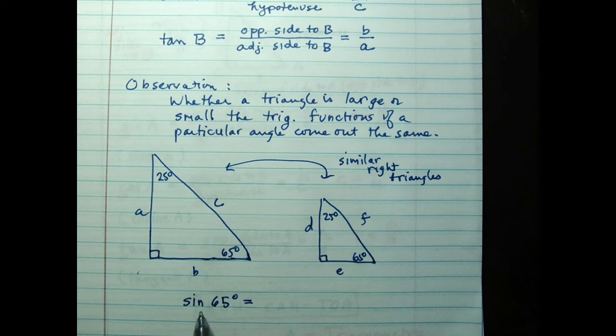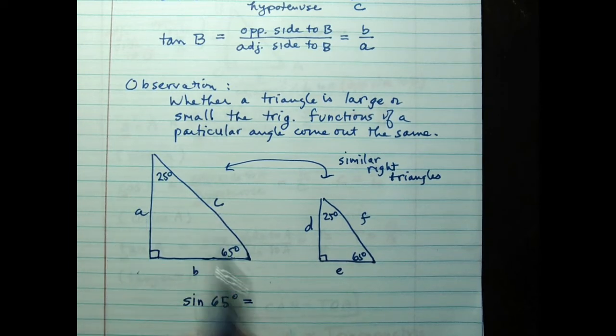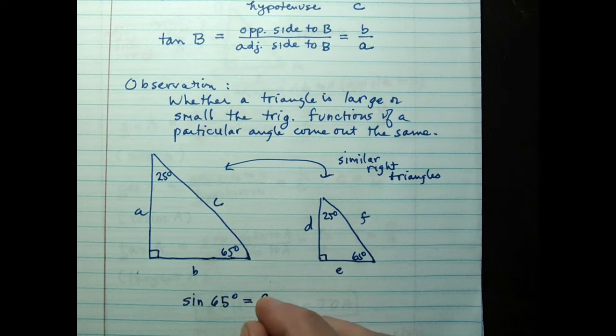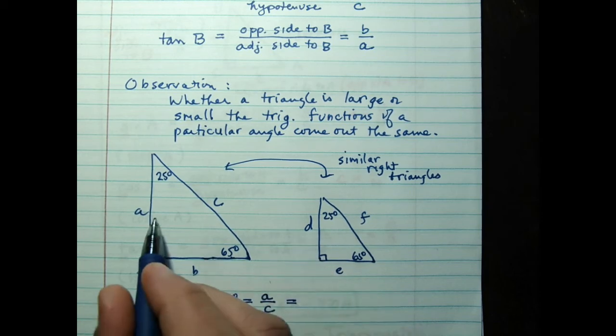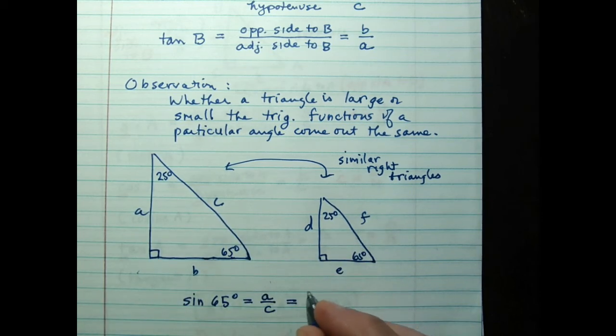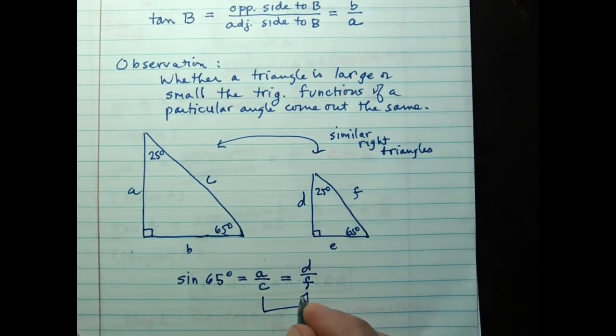Now, Sohcahtoa, sine is opposite over hypotenuse. So for 65 degrees, in the first triangle it would be a over c, right? If I use the second triangle, though, it would actually be d over f. Now, d is smaller than a, f is smaller than c, but when I take the ratio, the fractions come out equal.